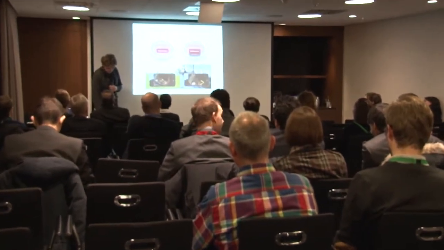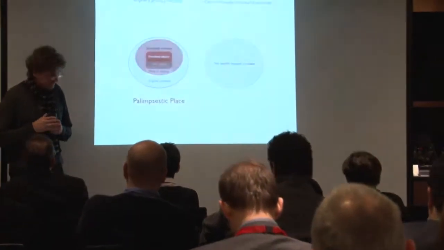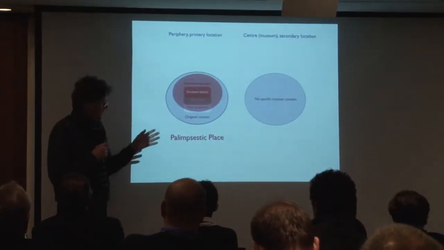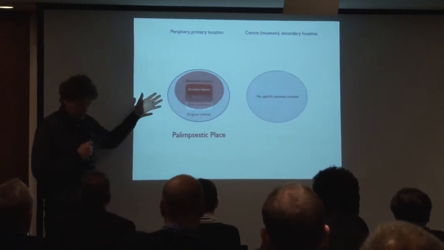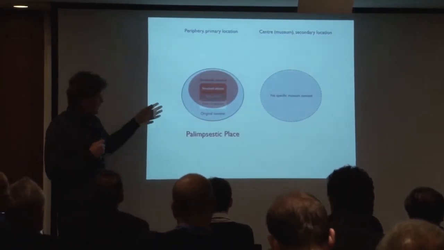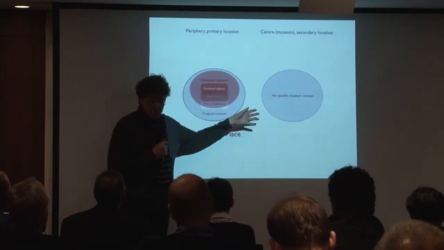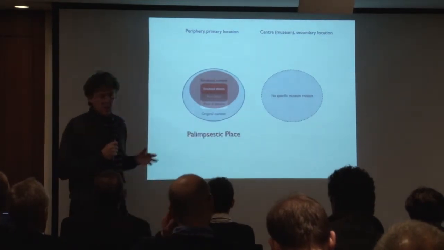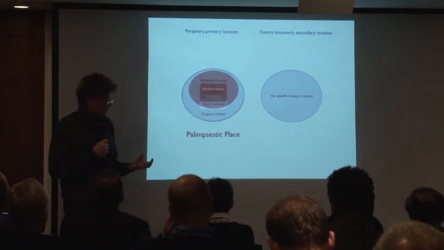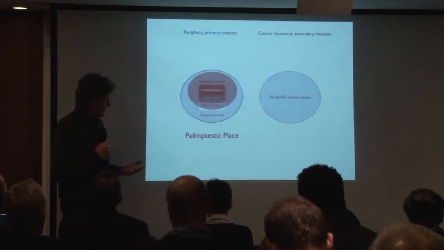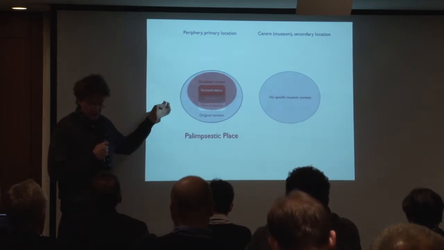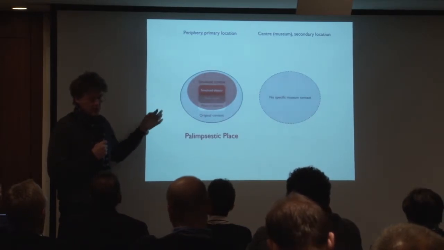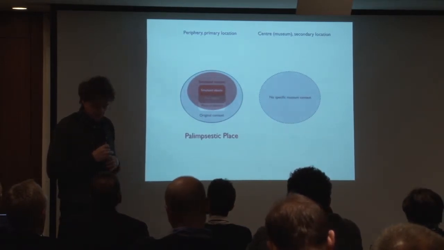I think a third version of this relationship between center and periphery is where you have the original environment. There might be no specific museum which contains or stores the artifacts from this environment, but you have a very rich environment. You have a very rich local place, and you have several layers in that place.